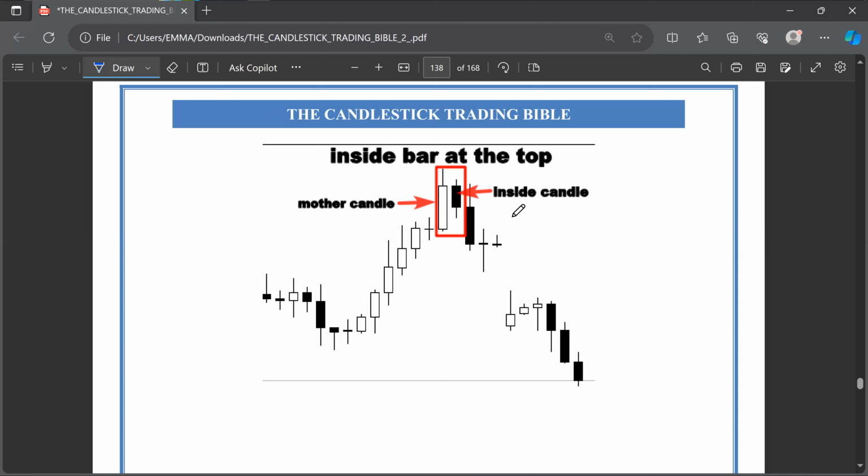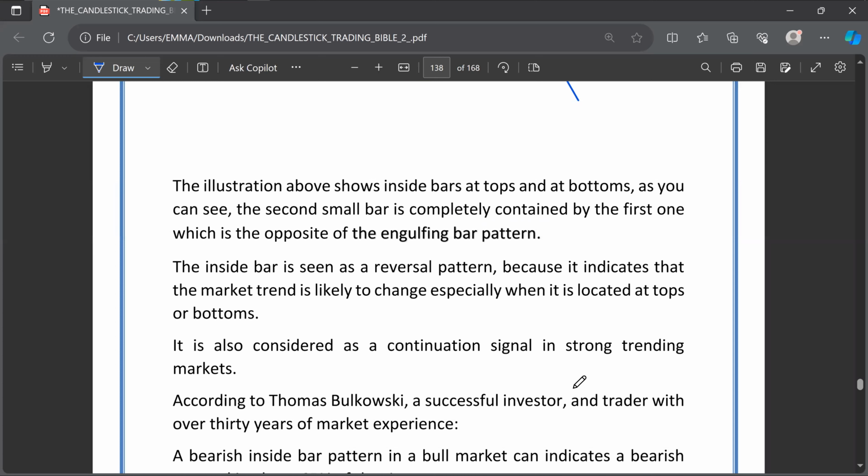So when this bearish one is found at the top of a resistance or at the end of an uptrend, the reversal often happens. The illustration above shows inside bars at tops and bottoms. As you can see, the second small bar is completely contained by the first one, which is the opposite of the engulfing bar pattern, right?